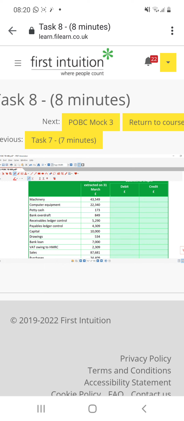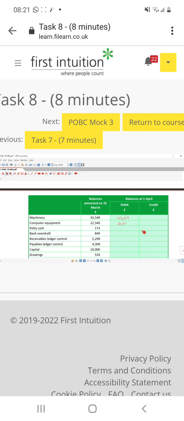So all we have to do here for a lot of these, like machinery, which is an asset, is just show that this will be 43,549, as it's an asset, a debit balance. And the computer equipment, the exact same. No adjustments or anything being affected here.